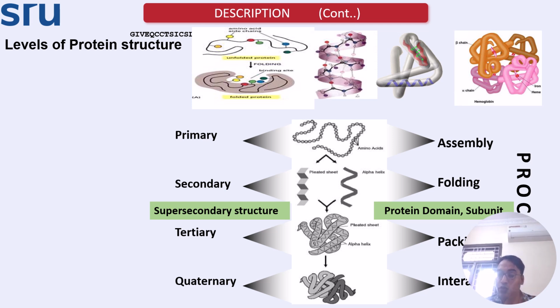That fold means nothing but alpha, beta, alpha, or different such parts. That specific arrangement of secondary structures is termed super secondary structure. Because tertiary structure is the combination of multiple different secondary structures, but in between, only a few are arranged in a very specific manner, and that is always retained. It is termed super secondary structure.